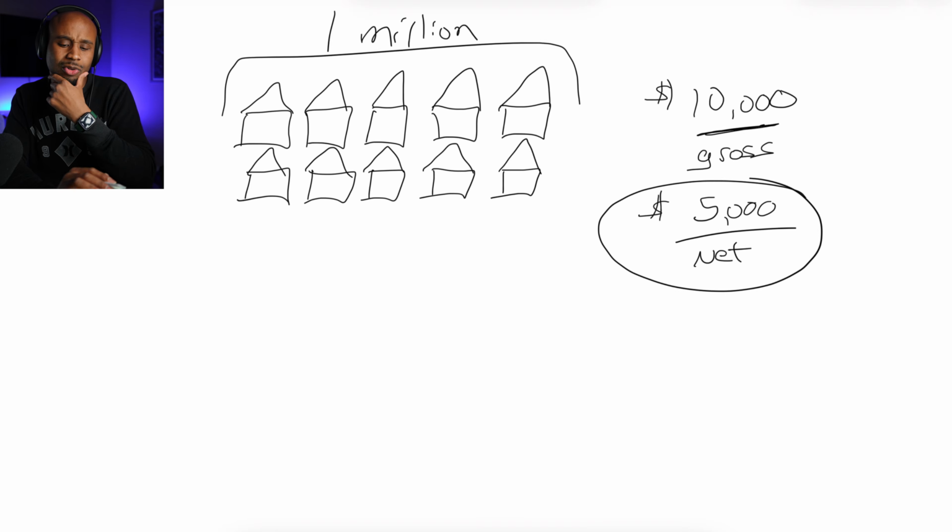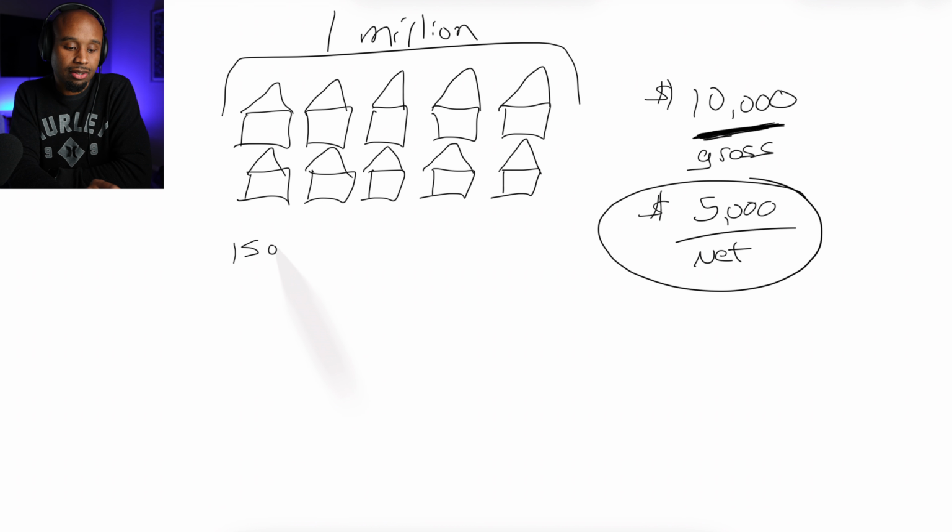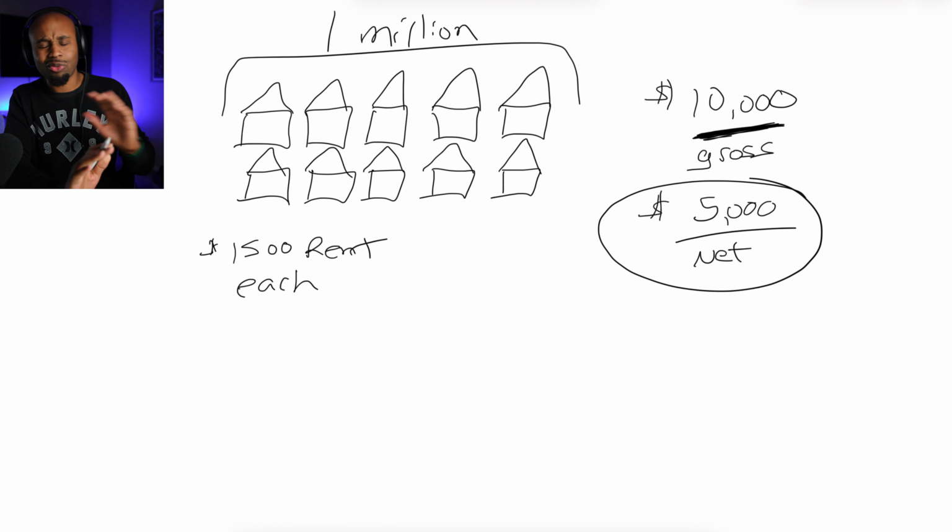And he has some great houses. I wouldn't be surprised if he was netting this, because all of his houses were probably renting for close to $1,500 per month. I think he was getting about $1,500 per month in rent from each house because they were in great neighborhoods.